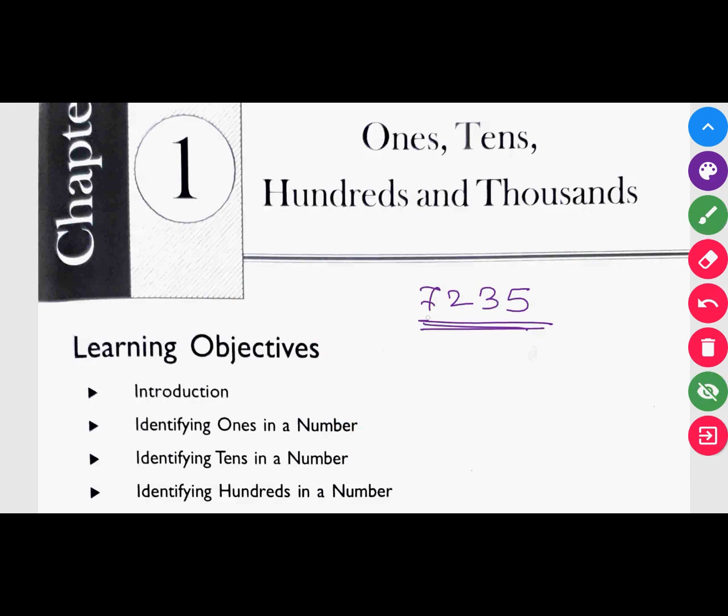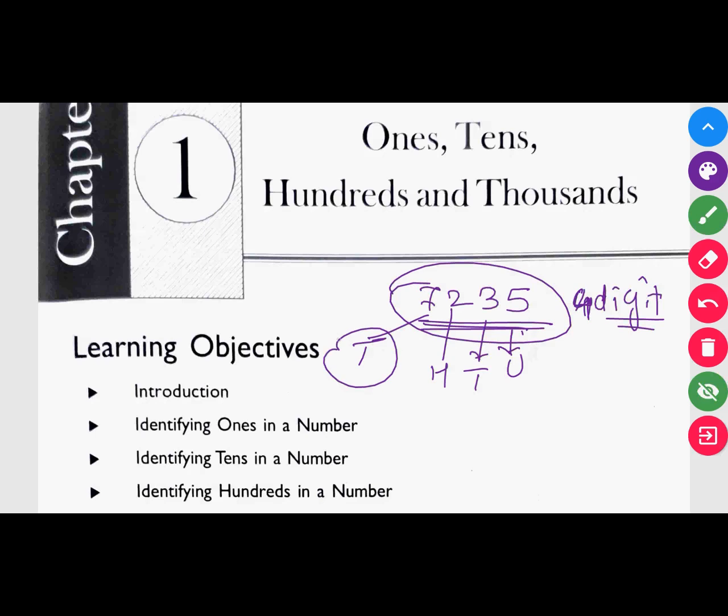If the number is 7235, this is a 4 digit number. If we name the places from the right, 5 is at the unit place, 3 is at the tens place, 2 is at the hundreds place and 7 is at the thousands place. How many thousands are there in the number?